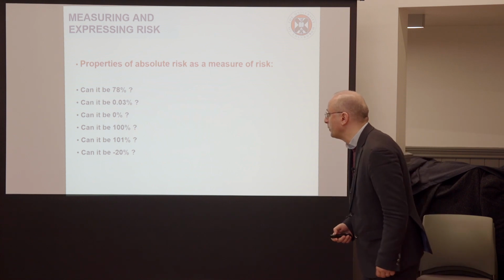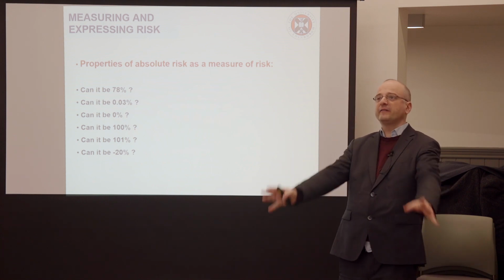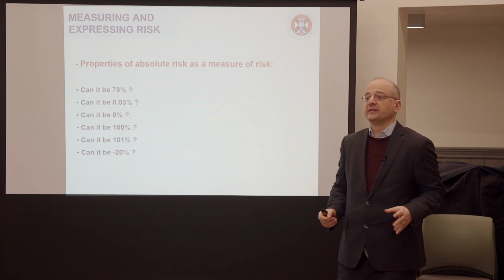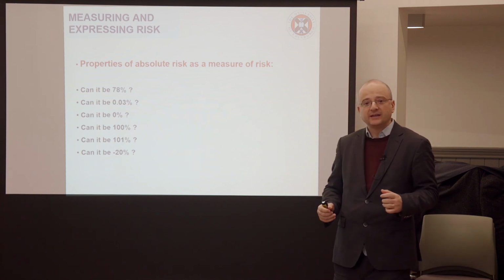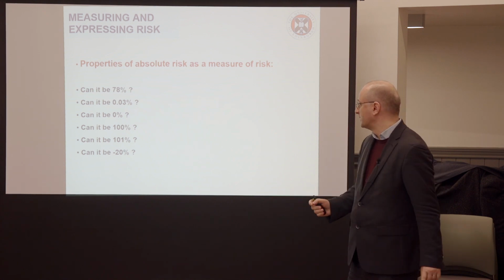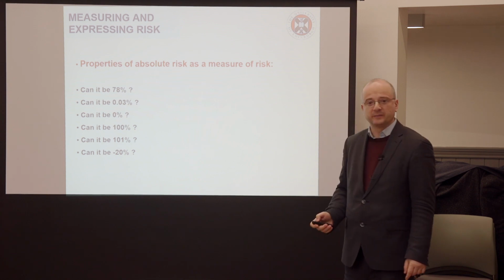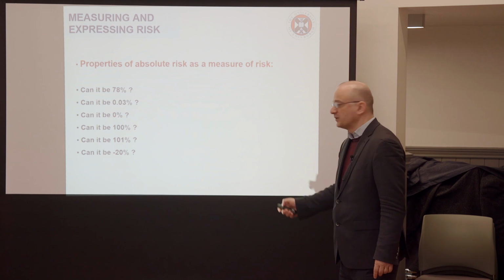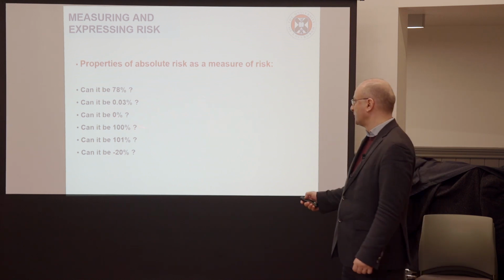Can it be 0%? Can you think of anything that has 0% absolute risk? I think Scotland winning the World Cup in football, that's a 0% risk. Absolutely no risk whatsoever, all right? Can it be 100%? Obviously, Scotland not winning the World Cup. So it can be 100% absolute risk, okay?